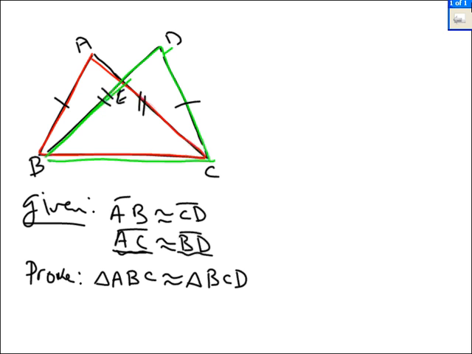Now we want to prove that the red triangle and the green triangle are in fact congruent. Well, when you look at the red triangle, you have one side with one slash and another side with two slashes. And this is true for the green, but two sides being the same length are not enough.